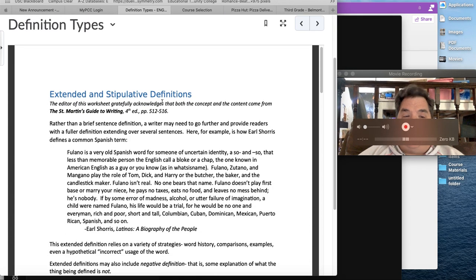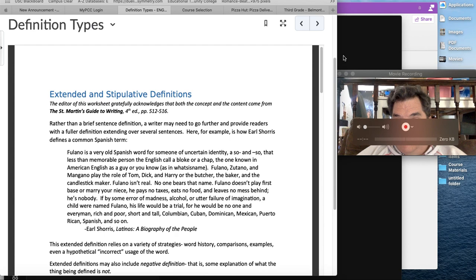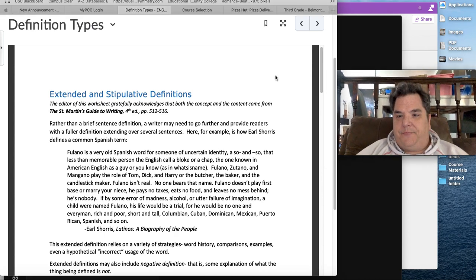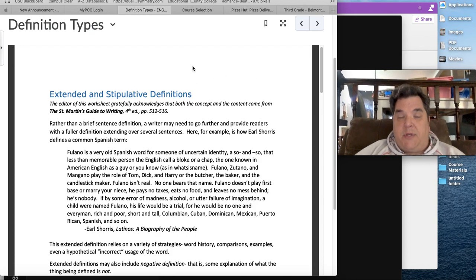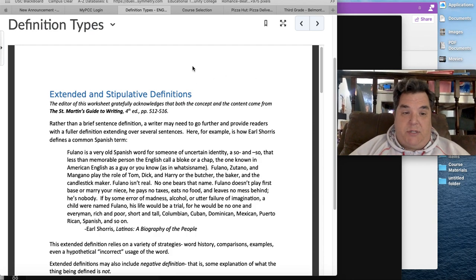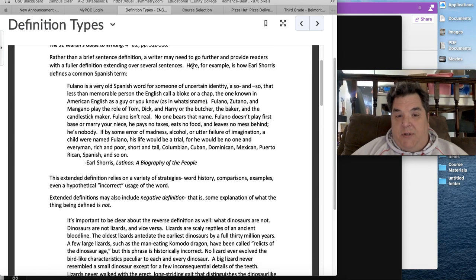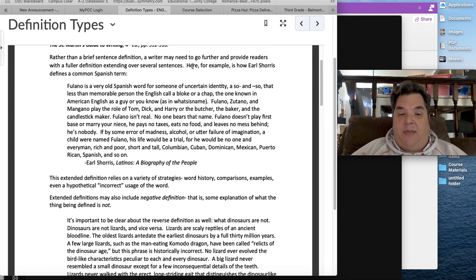When we're talking about those extended and stipulative definitions, an extended definition explains the word or the phrase in several sentences.